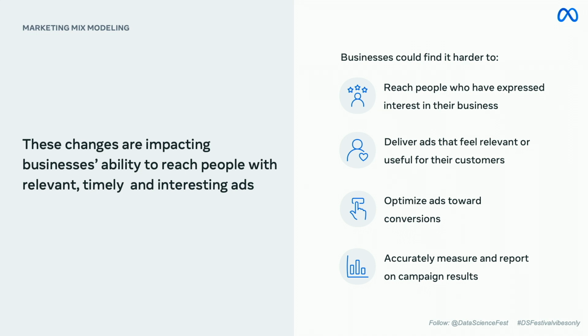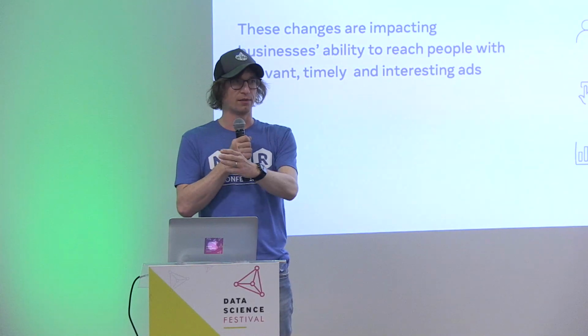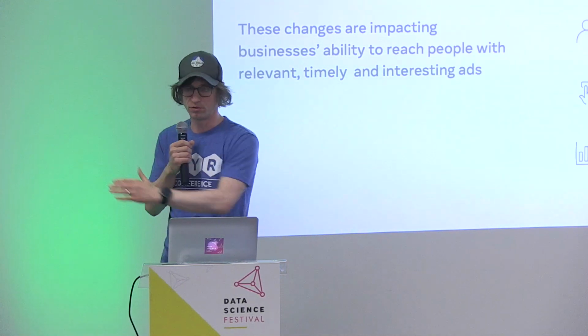For example, reaching people or personalized ads, etc. But one of the things that's going to get more difficult as well is the measurement of the campaign results, because again, we might not be able to tie that exposure to the individual who got it.